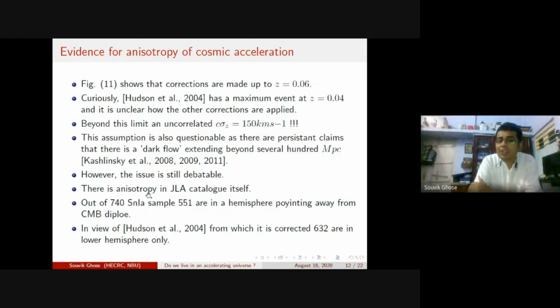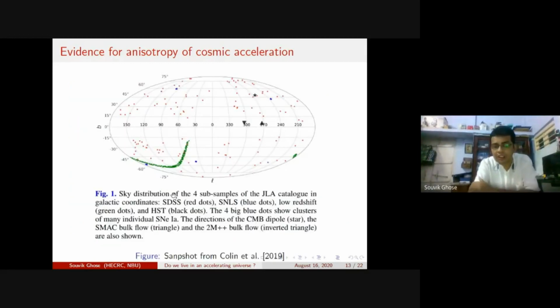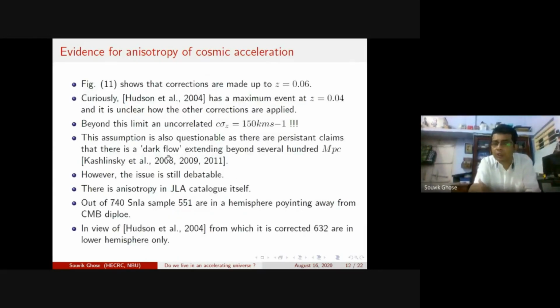The anisotropy is there in the JLA catalog itself. See the JLA catalog. These are the data points, the supernovae they take into account. And see how they are distributed throughout the universe. See these low redshift surveys, a cluster of points in this portion of the space only. There are far more points in this hemisphere than in this hemisphere. So there is anisotropy in the JLA catalog itself.